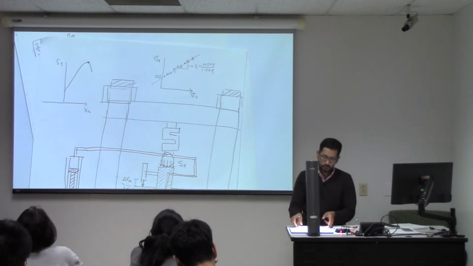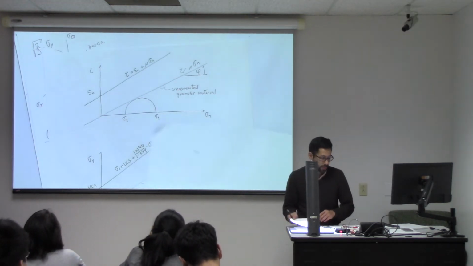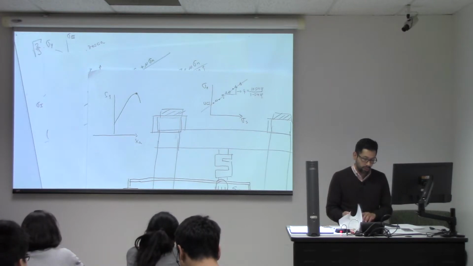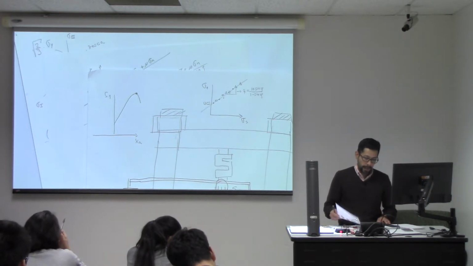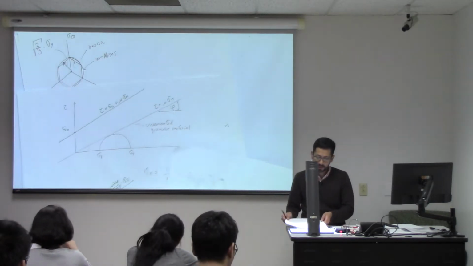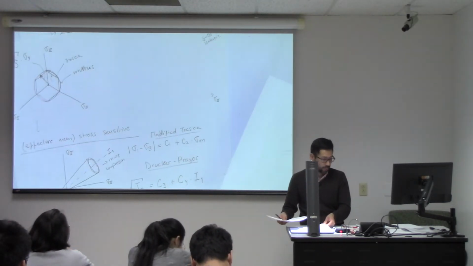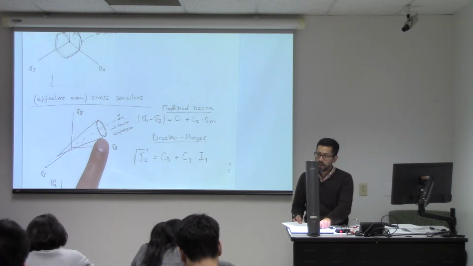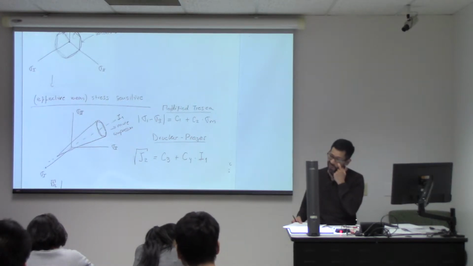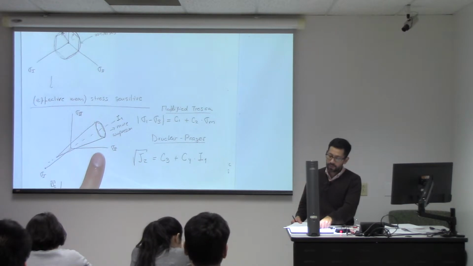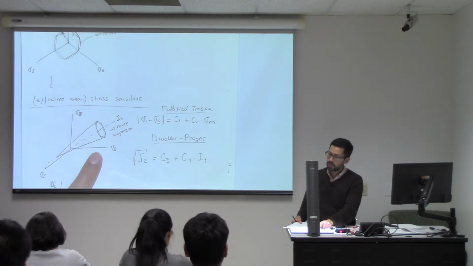Okay, so good. So now we know the Mohr circle, the Mohr-Coulomb criterion, and we know how to interpret that data. All right, but now we need to get back here. How does the Mohr circle look in this principal stress space?